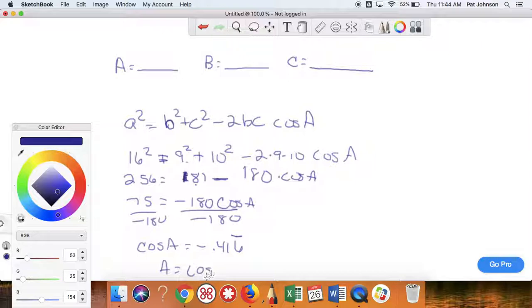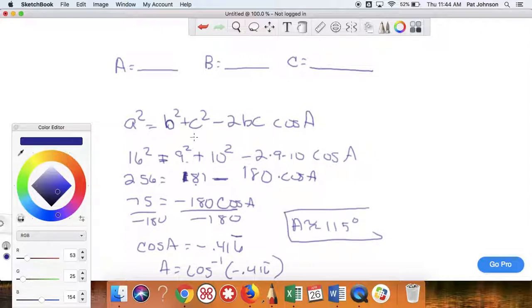So then I'm going to find A. Remember how you find A: inverse cosine of negative 0.416 repeating. When I put that in my calculator, I get that A is approximately 115 degrees.